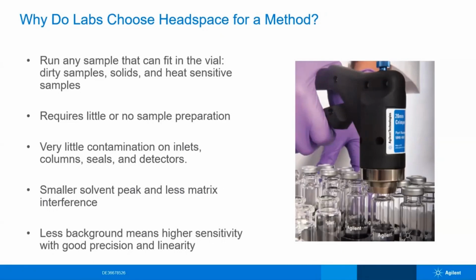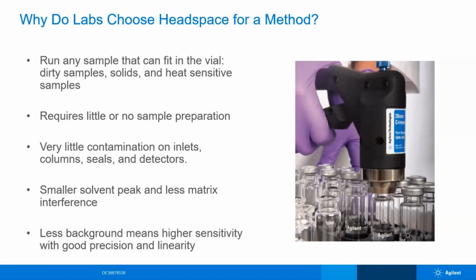Additionally, because you are pulling the vapor phase from the vial, everything else stays in the vial. There's very little contamination on inlets, columns, seals, and detectors, as well as just generally less maintenance required on the system.